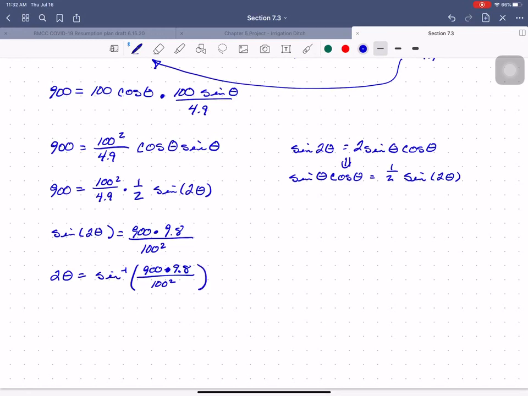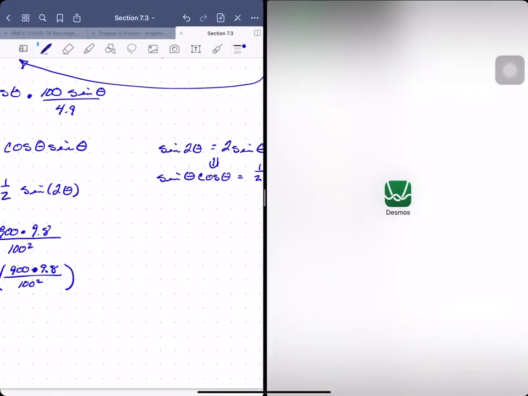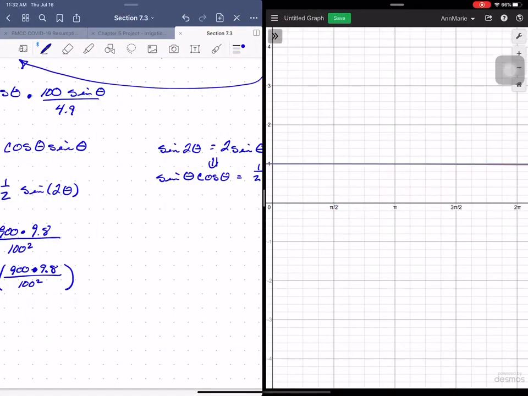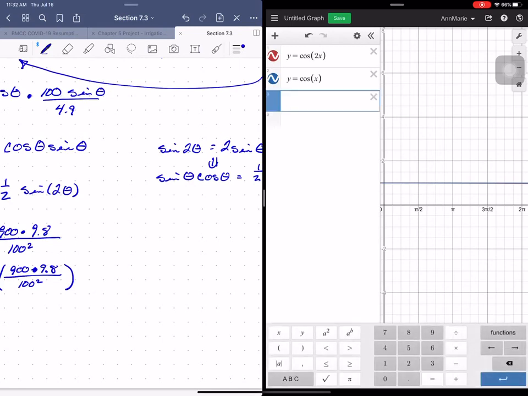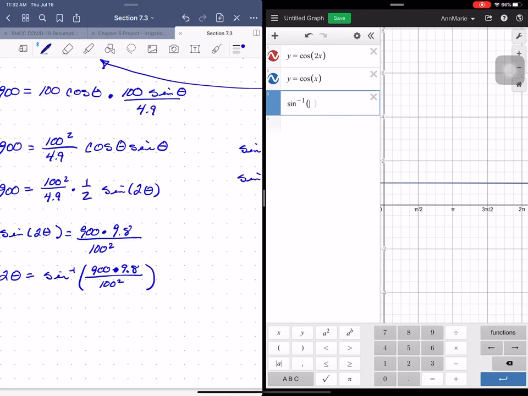And if I do that on Desmos, we want degrees, so let's put ourselves in degrees over here. What I want is the inverse sine of 900 times 9.8 divided by 100 squared.